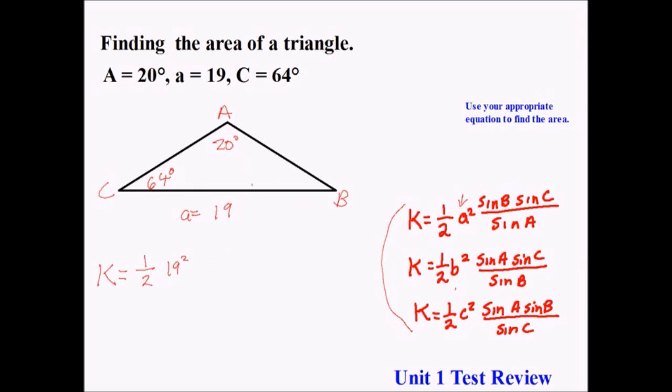Okay. Now, we got to figure out what this is. So if I have 180 minus 64 minus 20, then we know that big B is 96 degrees.